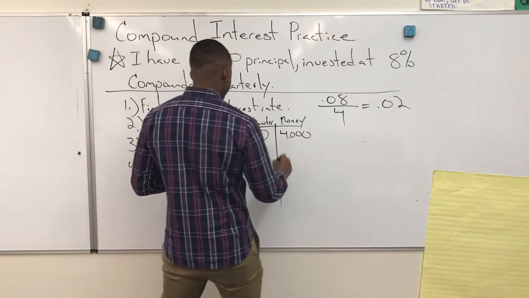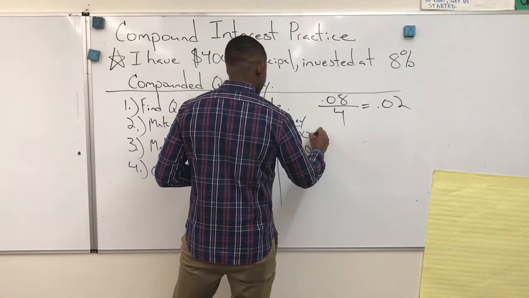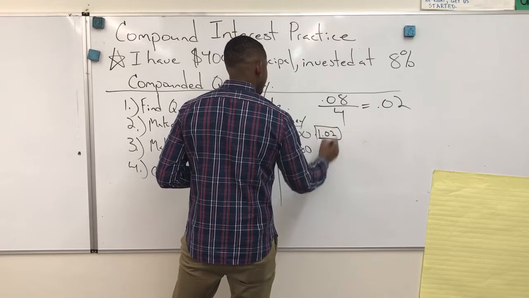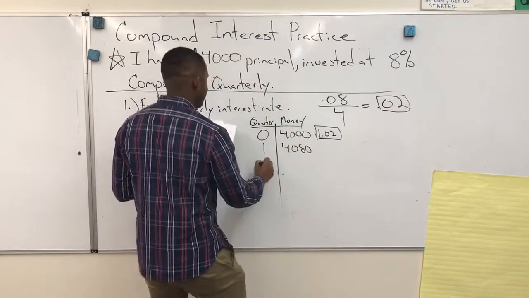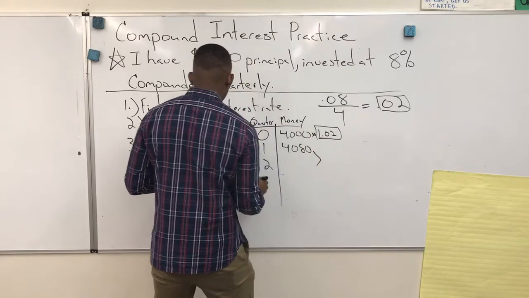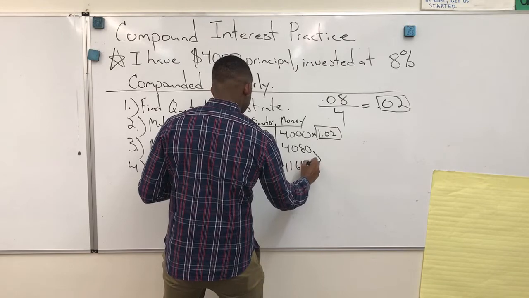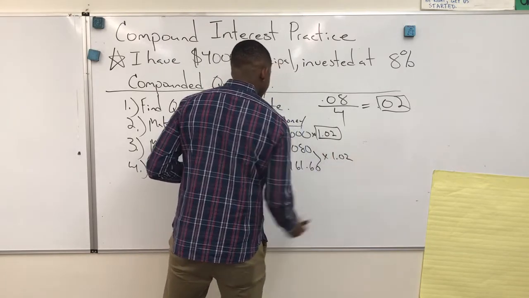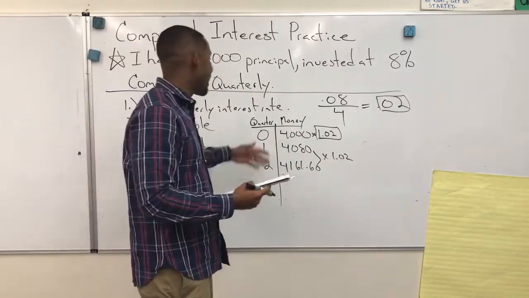Quarter 1, I have $4,080, which is 4,000 times 1.02, right? Got 2% added to it plus the 4,000. In quarter 2, it's going to be $4,161.60 because it's times 1.02. All right, and you could have gone a little bit farther than that, but we have those two.